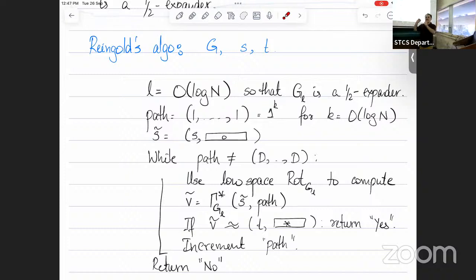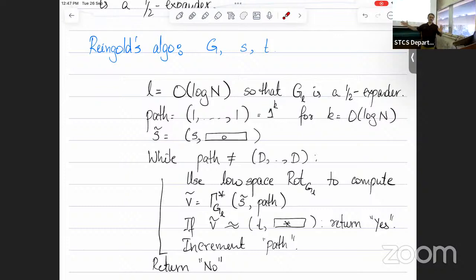That graph G_L has some diameter K, which is also of order log n. You write that down. Now you think of your S tilde as one canonical copy of S in the cloud of S. So you call that maybe S followed by all zeros or something. And then you just enumerate through all paths.